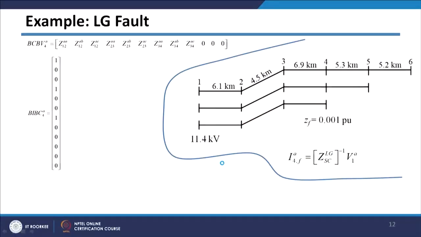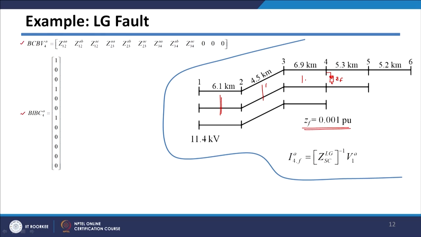So, basically when we are considering a single line to ground fault occurring at this particular bus with fault impedance of ZF, which is 0.001 per unit, we already know the impedances of all the sections of the line, and from that we have built the BCBV matrix and BIBC matrix.